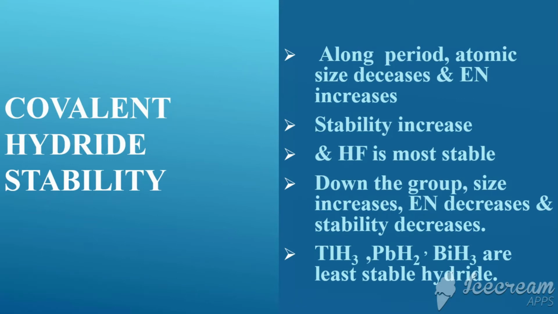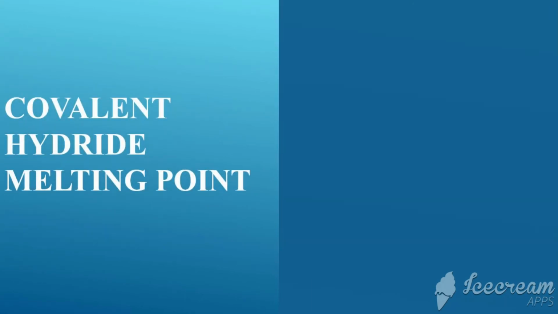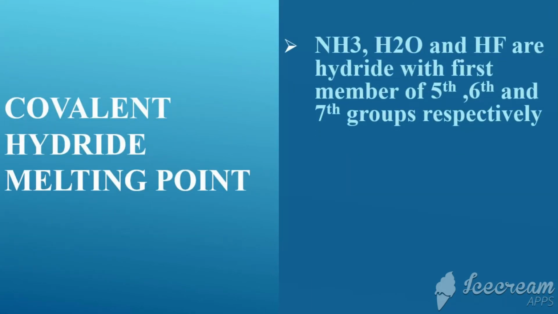Pb is the symbol of lead. Thallium: boron, aluminium, gallium, indium, thallium. So you can observe that all of these elements are of largest size, so less electronegativity, so less electronegativity difference, so less stability.